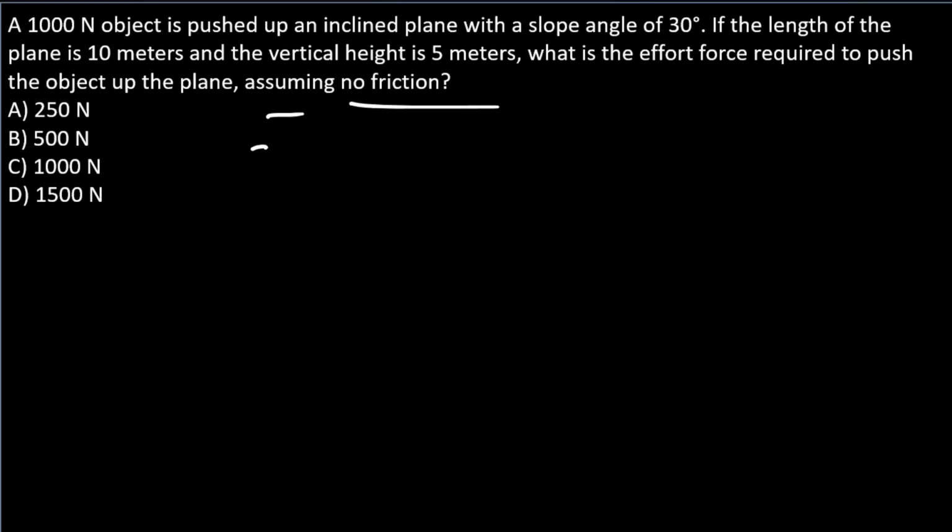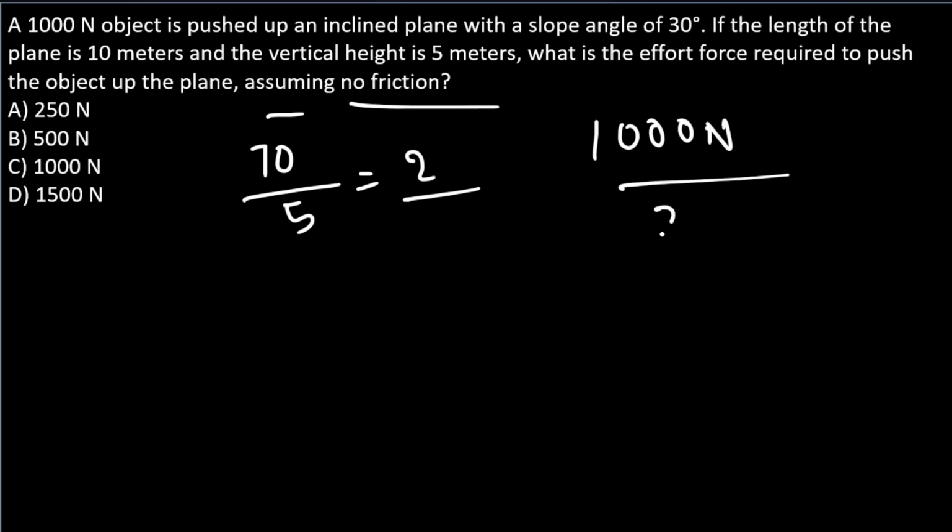So here 10 meters over 5 equals 2. It's the mechanical advantage, and our object weight is 1000 Newton, divided by the mechanical advantage, and it will give 500 Newton. So a 500 Newton effort force is required to push up the 1000 Newton object along the inclined plane of 30 degree angle.